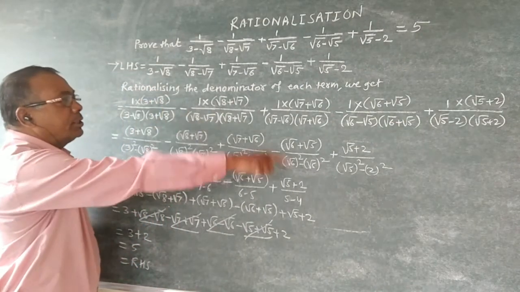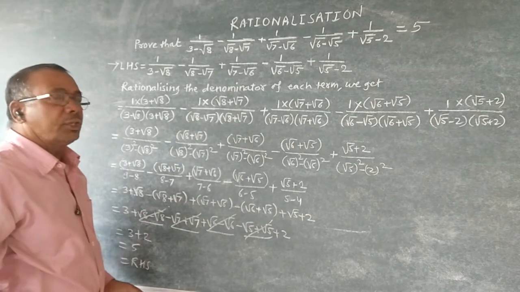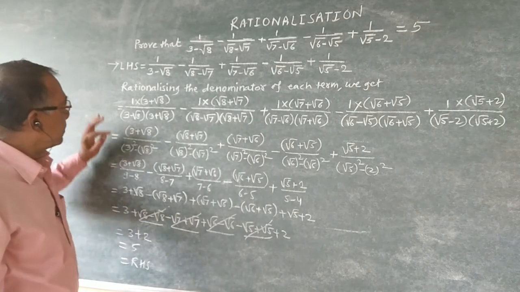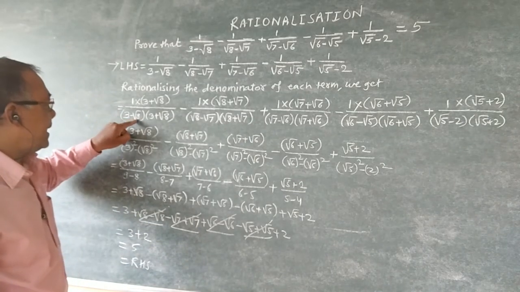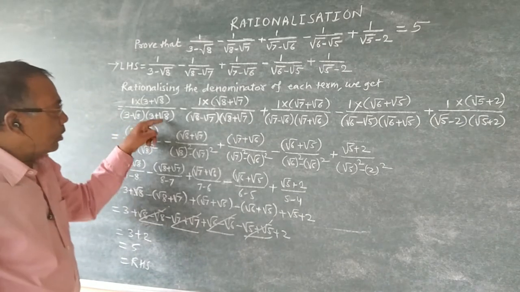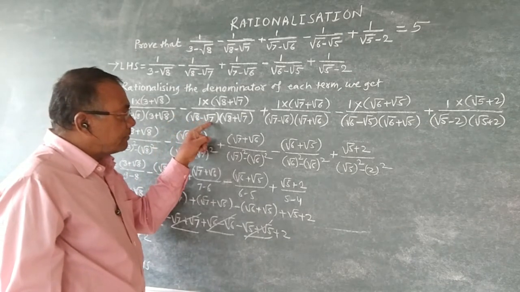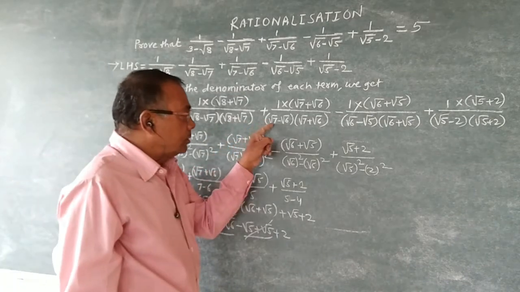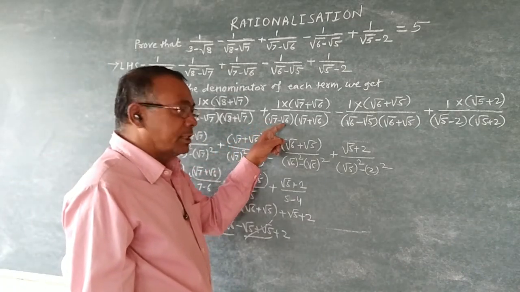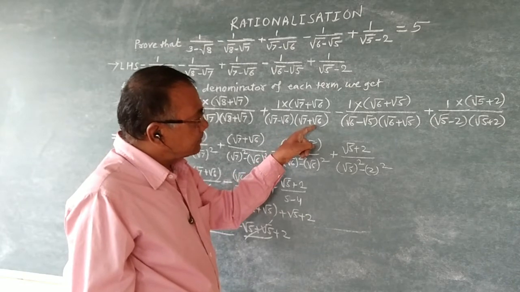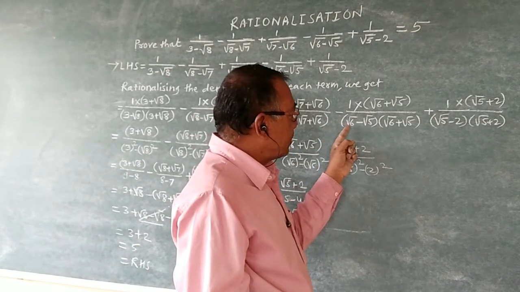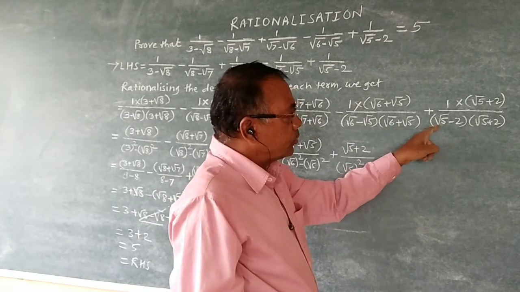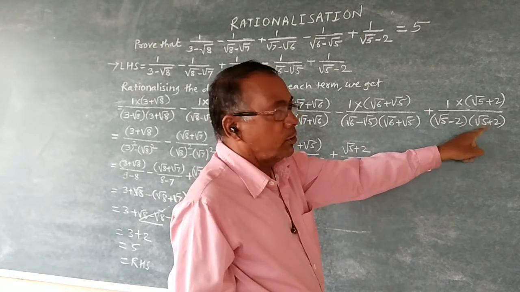So rationalizing the denominator of each term of the above expression, we get here the conjugate pair of 3 minus root 8 is 3 plus root 8. The conjugate pair of root 8 minus root 7 is root 8 plus root 7. The conjugate pair of root 7 minus root 6 is root 7 plus root 6. Here the conjugate pair of root 6 minus root 5 is root 6 plus root 5, and the conjugate pair of root 5 minus 2 is root 5 plus 2.